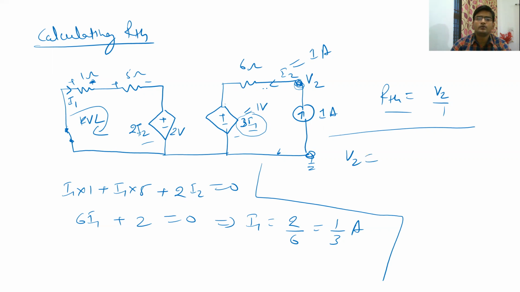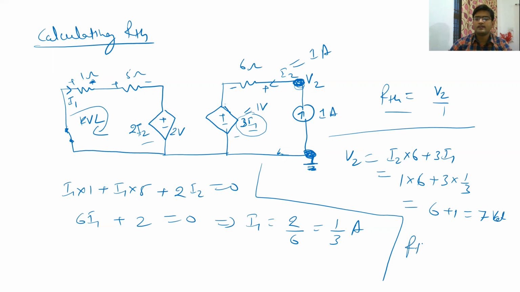V2 is the voltage difference between this reference terminal and this terminal. So V2 is going to be I2 into 6 plus 3 into I1. Since I2 is 1 ampere, it is 1 into 6 plus 3 into 1 by 3. So finally we get 6 plus 1 is equal to 7 volts.